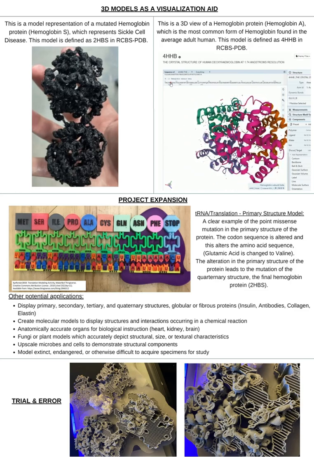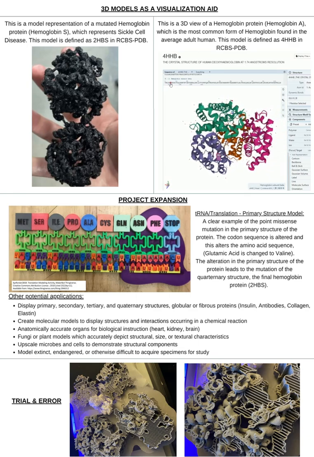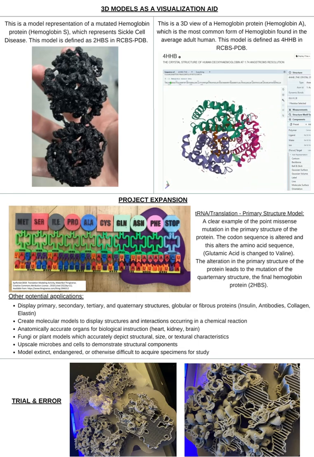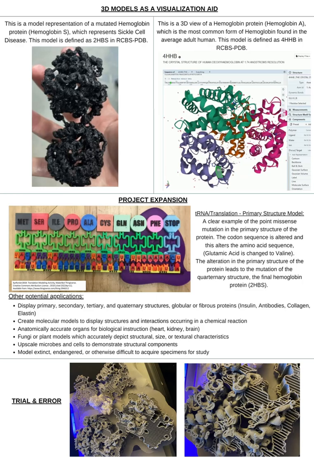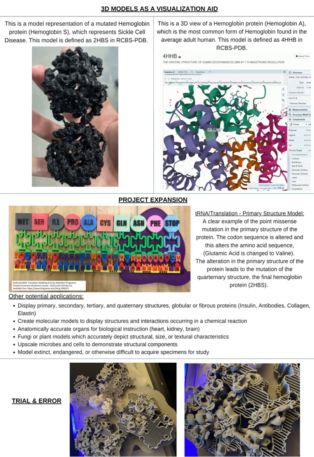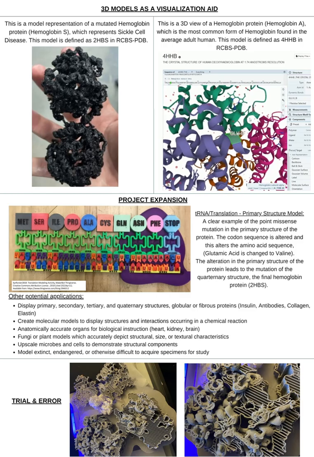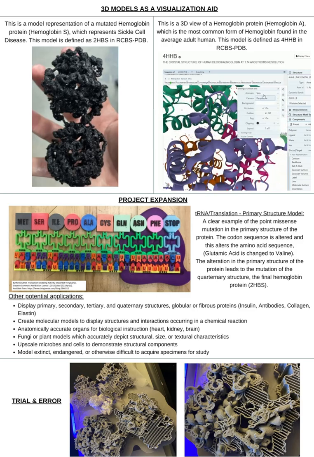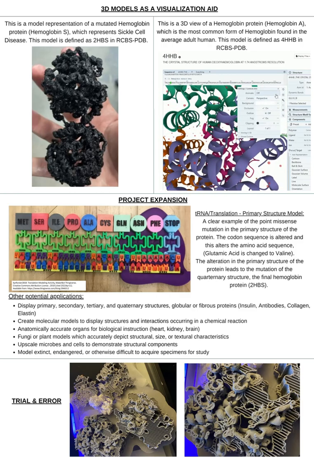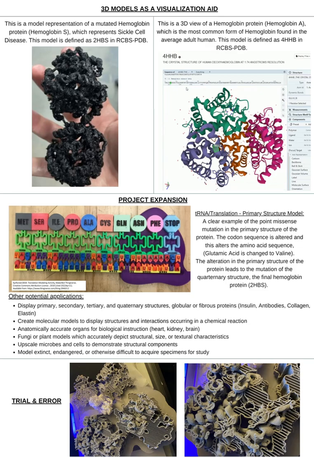As an extension to the primary and quaternary structures we discussed above for these proteins, we can also display secondary, tertiary, or globular and fibrous protein structures. We could also create molecular models to display structures and interactions occurring in a chemical reaction. 3D printing could be used to create anatomically accurate organs for biological instruction, such as a heart, kidney, or brain.